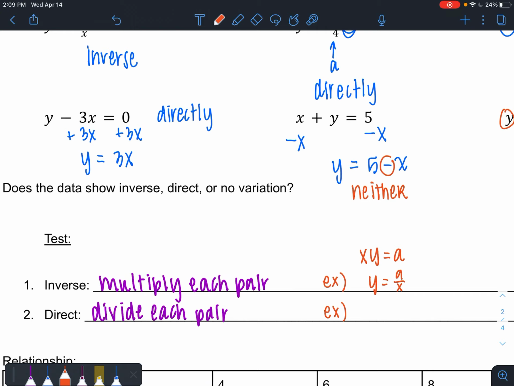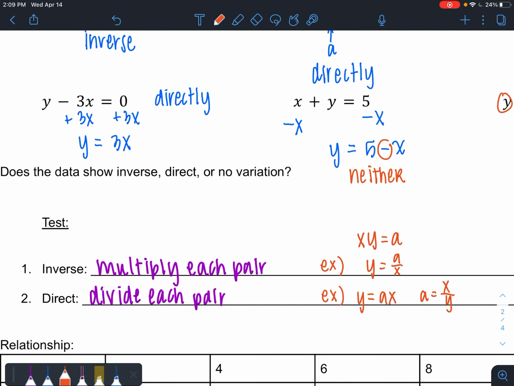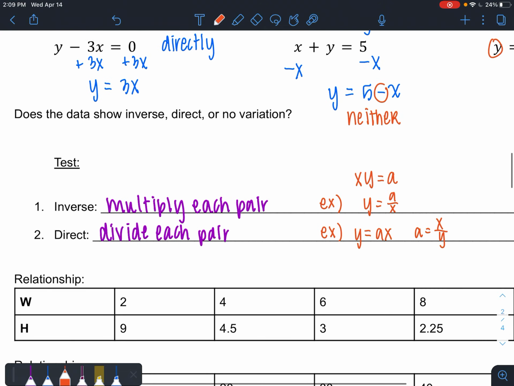No addition or subtraction there. And with direct, we divide each pair. So this is y equals ax, and then dividing, I have a equals y over x for that. Did I do that right? Yes, I did. Okay, that shows us a.